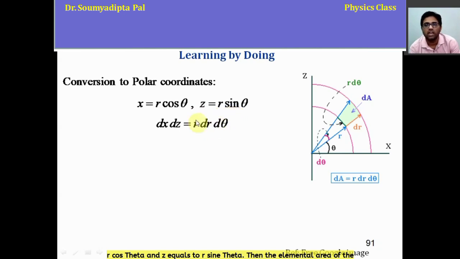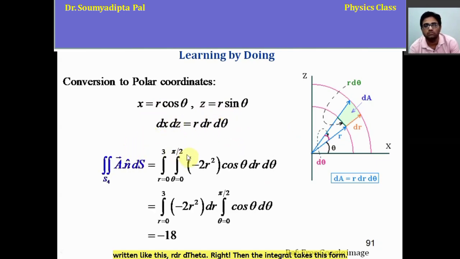Then the elemental area of the quarter circular surface on xz plane can be written like this: r dr d theta, right? Then the integral takes this form. Here r varies from 0 to 3, which is the radius of the circle, and theta varies from 0 to pi by 2, right? Then if we do the integration and put the limit, we get this value of the flux through S4.